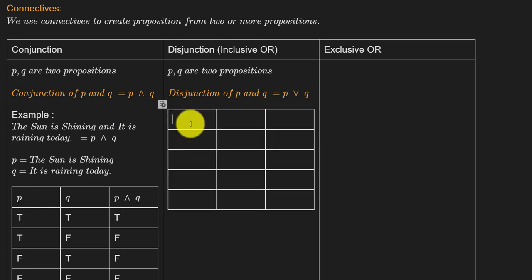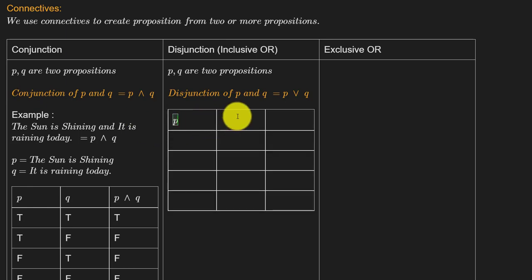So we'll write P, we'll write Q, and we will write P or Q over here, right? So if P equals true, Q equals true, as I said, if both are true, then also this whole expression becomes true.